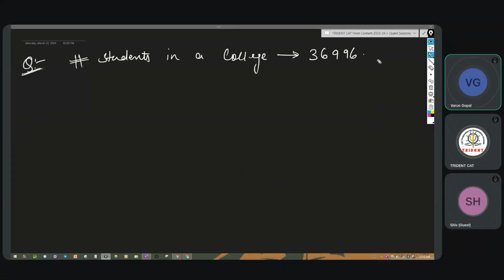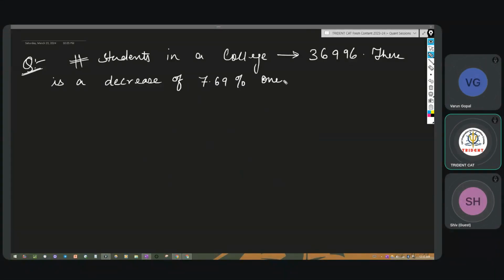So there is a decrease of 7.69% over the previous year.